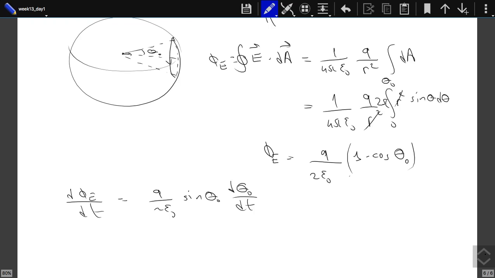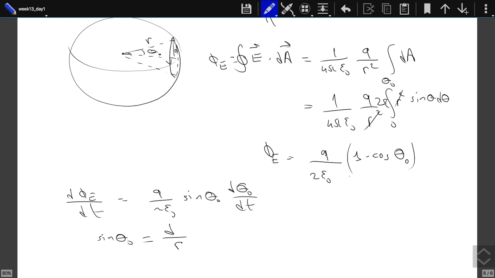Well, it will be related. Let's look at this one. What is sine theta 0? Let's say this is the distance d. This is r. d is constant. So sine theta 0 is d over r. Do you see it over here? I have a ring. This ring has a radius d.